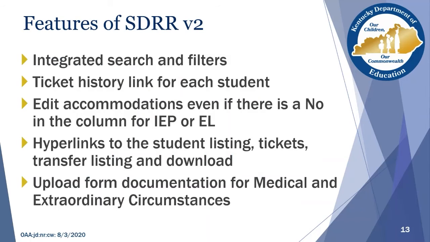Now, features of SDRR in this version 2 of SDRR, because we started a new version of SDRR last year. We did have a version 1 of SDRR, and it needed to be updated. So you'll notice that version 2 is on several screens. We are in version 2 of SDRR, and you'll be able to see a lot more of the changes.